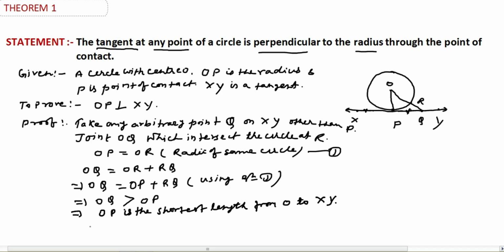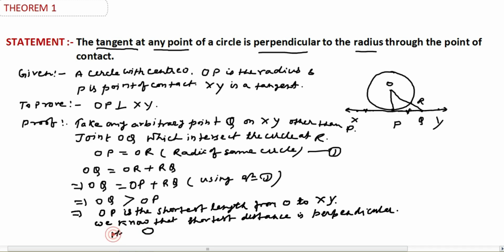And we know that the shortest distance must be perpendicular to the given line. Hence, we know that the shortest distance is the perpendicular line. And if OP is the perpendicular line, so OP is perpendicular to XY.